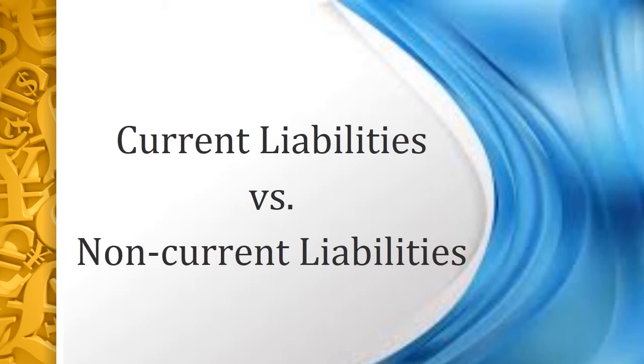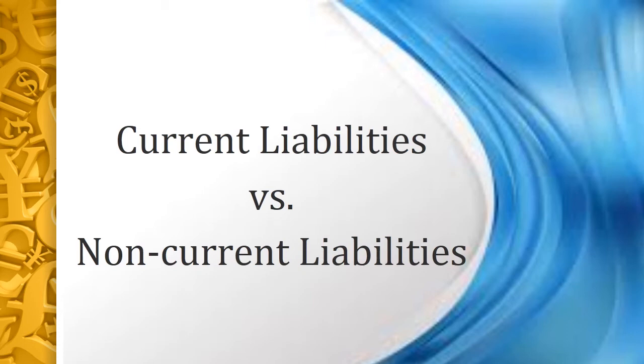So when we say fall due, that means liabilities that are paid or recognized as revenue within 1 year after year-end date. Examples of this are accounts payable, utilities payable, and unearned income.